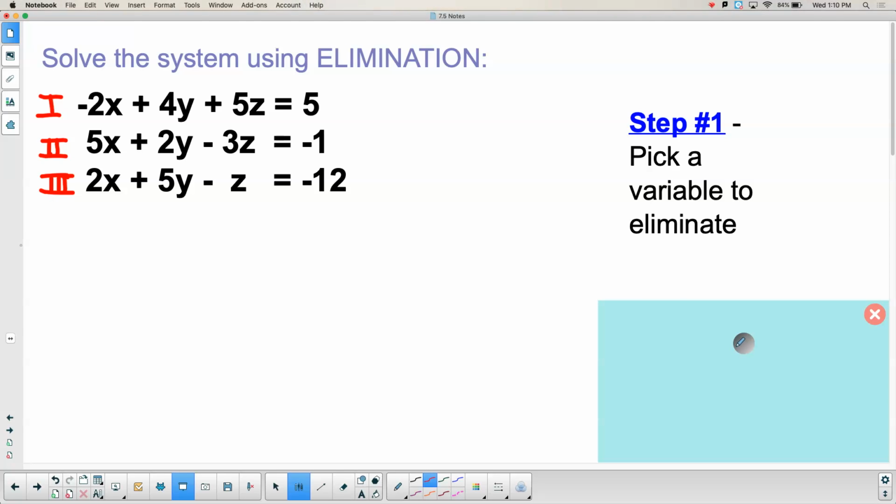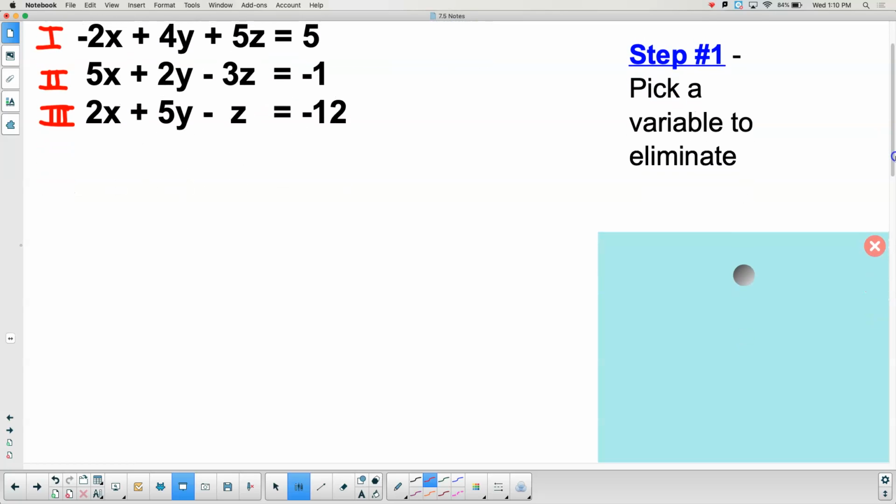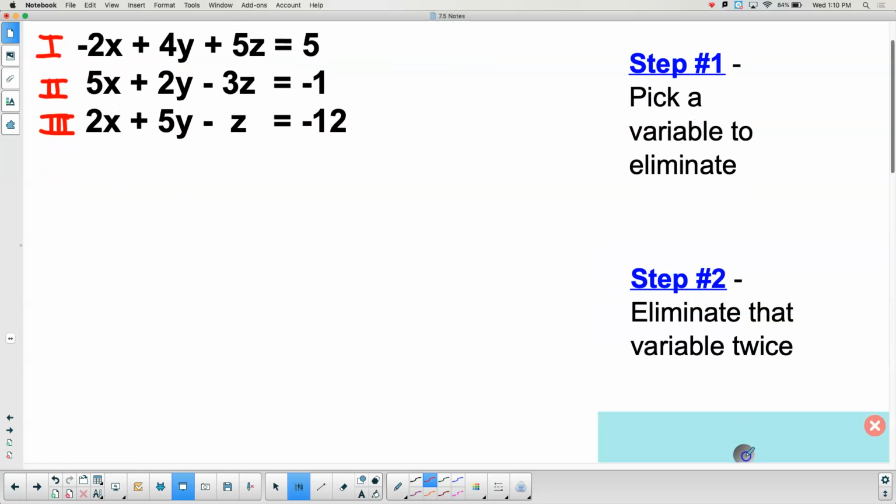And it doesn't matter which one we pick. Okay, we can pick X, Y, or Z. But when we pick that, we have to eliminate that variable twice. That's the difference.